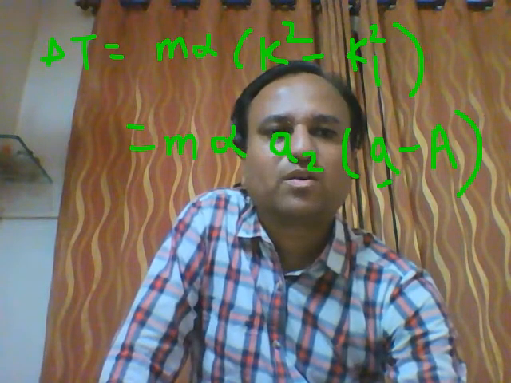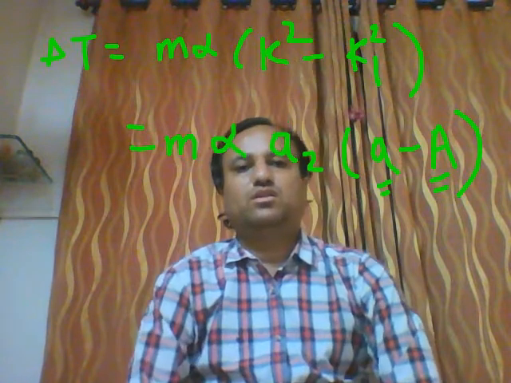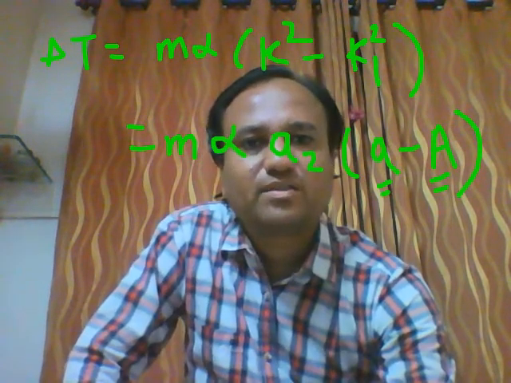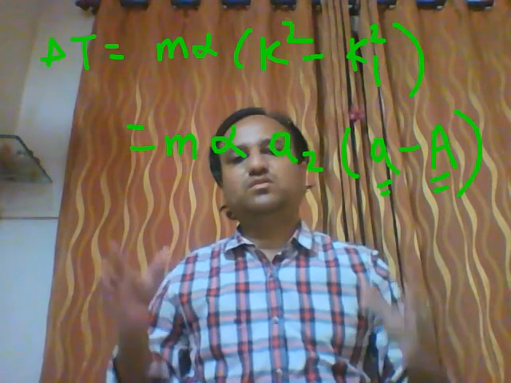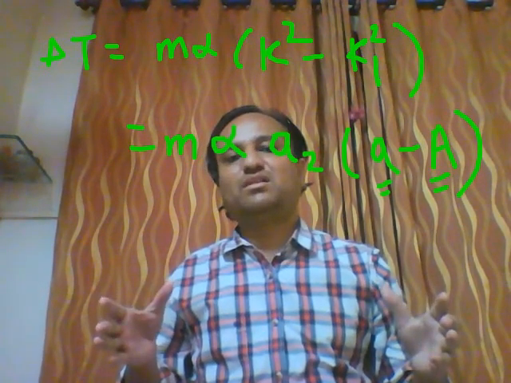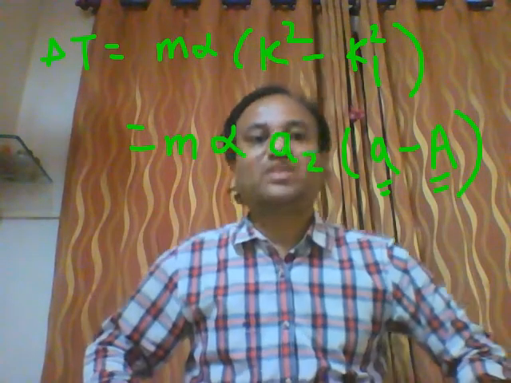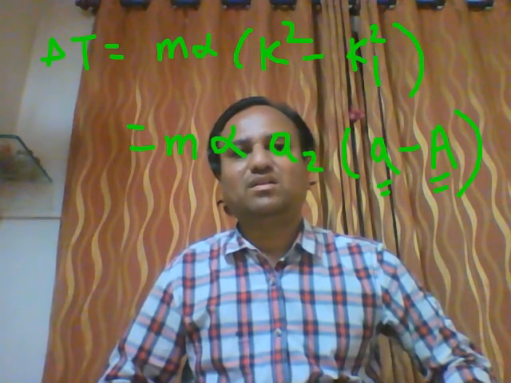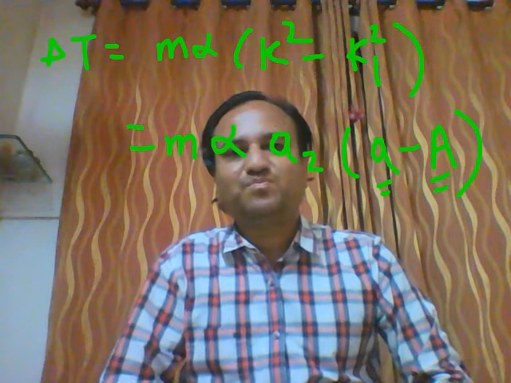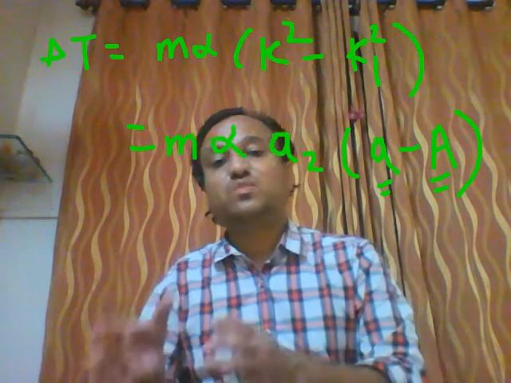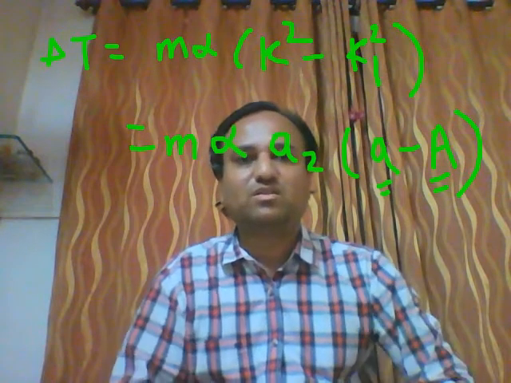Now student, about this value, small a and capital A. Listen properly, small a is the distance between the two point masses, that is the distance between m1 and m2 in an arbitrary condition. So this a is equal to a1 plus a2. So this a is the distance between the first point mass and second point mass in the first case, that is in an arbitrary condition.